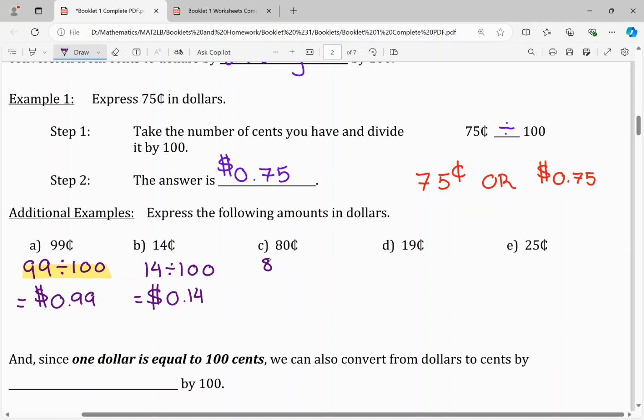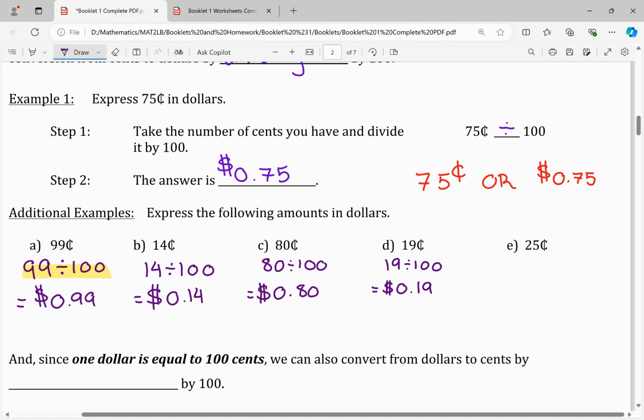80 cents in dollar form. Each time we just divide by 100. Using a calculator, this is going to give me $0.80. 19 cents in dollar form, divided by 100. This is going to give me $0.19.